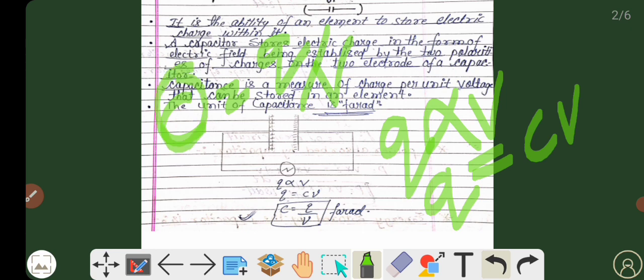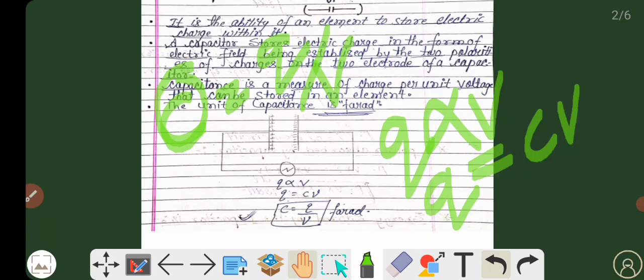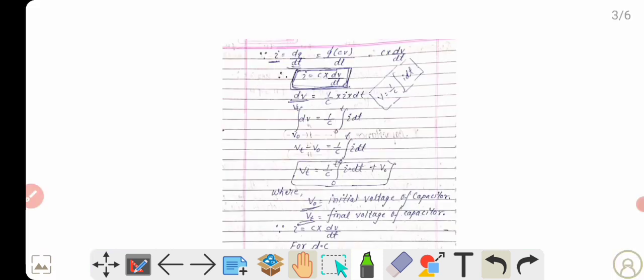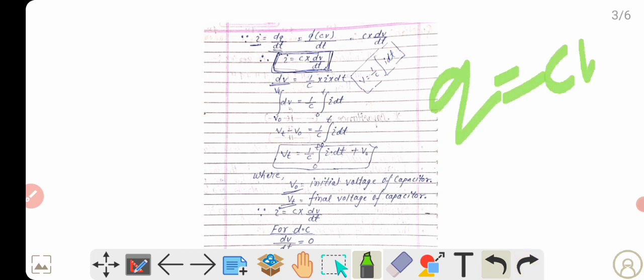Now my dear friends, the next one is that we will calculate the value of current in a capacitor. As we know, the value of current, that is I, is equal to the differentiation of charge with respect to time. As you can see here, I is equal to dq by dt, and also we know that q is equal to CV.